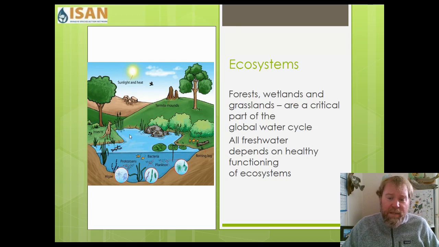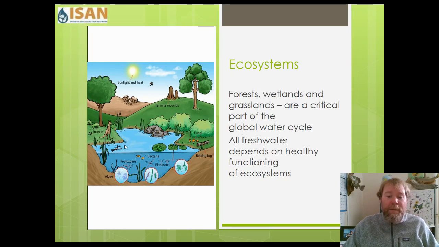Now, ecosystems, healthy ecosystems are vital to that 0.5% of clean water. If we have healthy forests, wetlands, and grasslands, those are critical to the freshwater global water cycle.